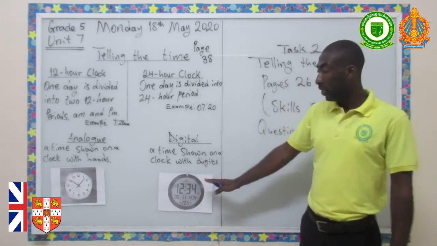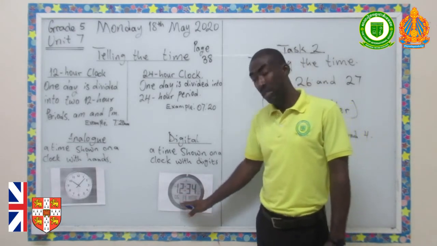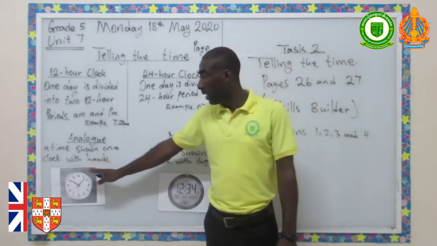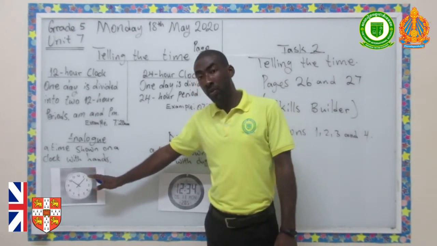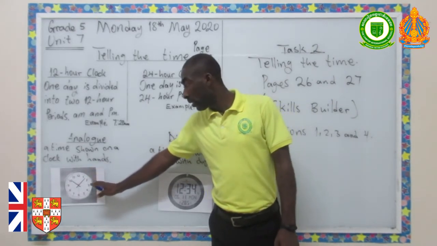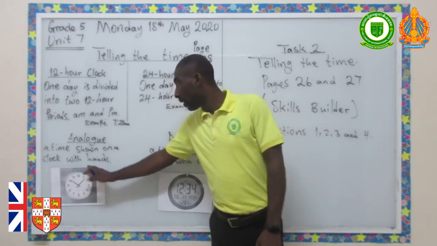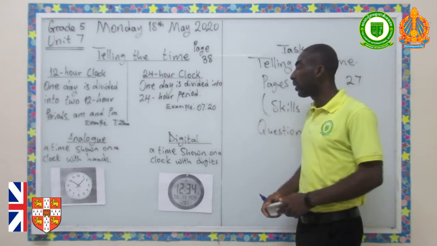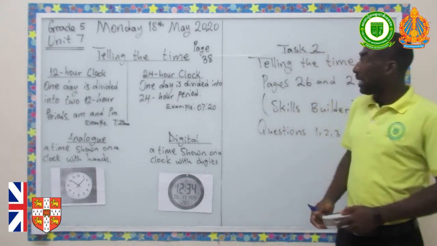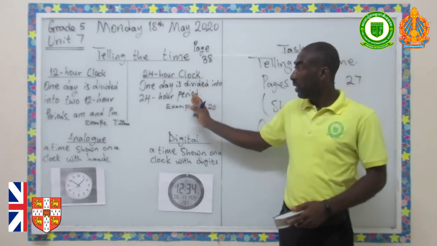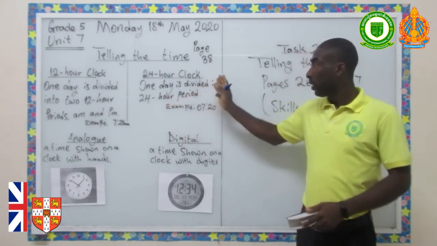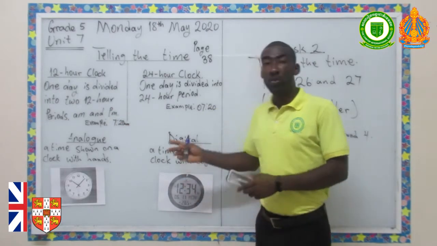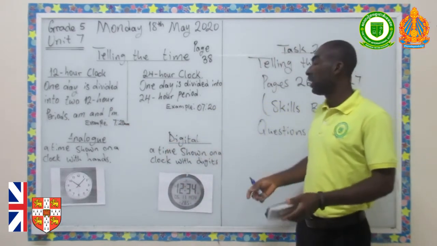So when you have a watch or a clock that shows time with numbers, it means you are using a digital clock. If you have a wall clock or any wrist watch that is showing time with hands, it means that you are using an analog clock. Okay? So with the time format too, we know that 24 hour is 24 periods in a day, and then the 12 hour is 12 hours in a day.